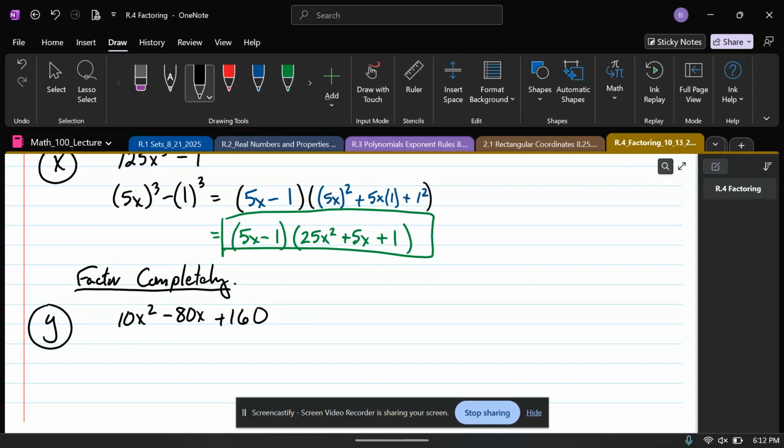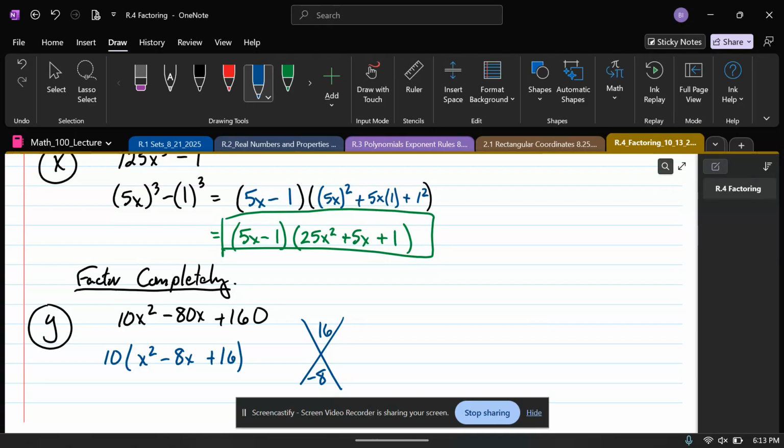So what's the first thing that we can do on this one? Pull the 10 out, GCF. That's good. So 10 comes out. That's going to leave me x squared minus 8x plus 16. And then I can attempt to factor it using the x method. That doesn't necessarily mean it will factor, but I'm going to attempt to at least.